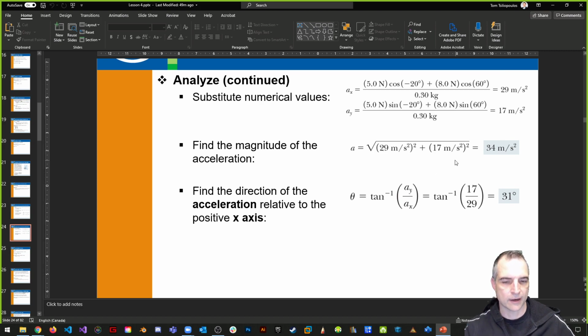When we want to find the angle of the acceleration, we want to take the angle across the y-axis and the angle across the x-axis. So the tangent is what we're doing here, and we're going to get the arc tangent. A lot of times on the computer we get this back in radians. We want to convert this from radians to degrees to give us a total angle of 31 degrees, relative to the x-axis, which means in the positive x direction.